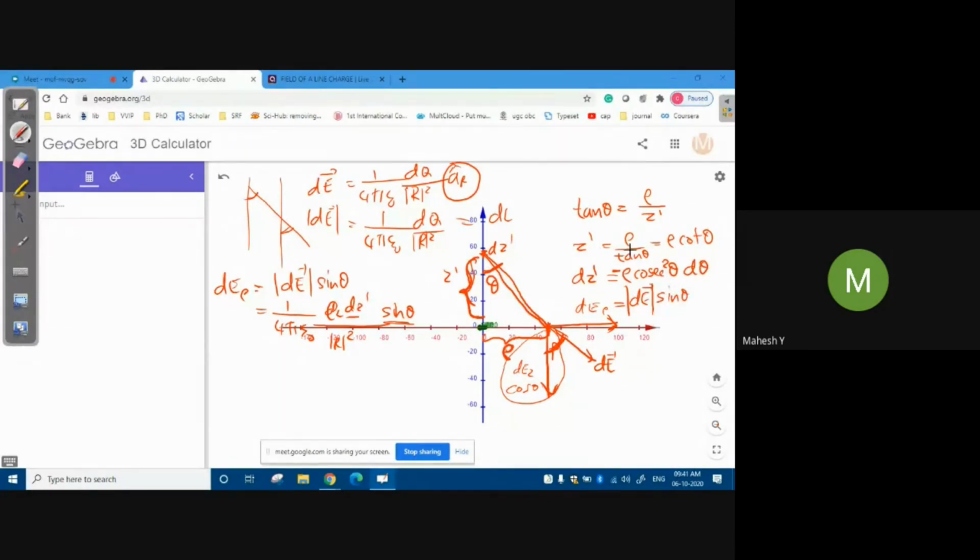So we got z prime equal to rho cot theta, dz prime is minus rho cosec square theta d theta. And one more thing what we want is mod r. Mod r is root of rho square plus z prime square. So substitute this one, where z prime is rho cot theta. What you will get? Just try once.